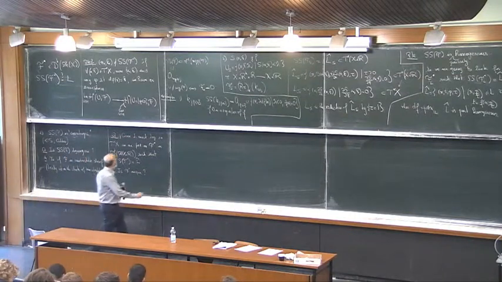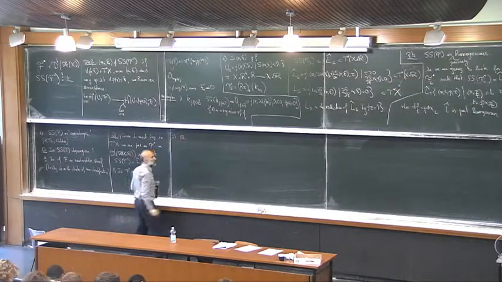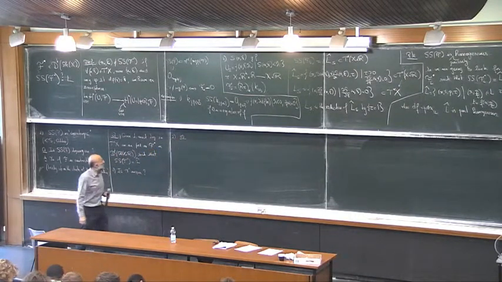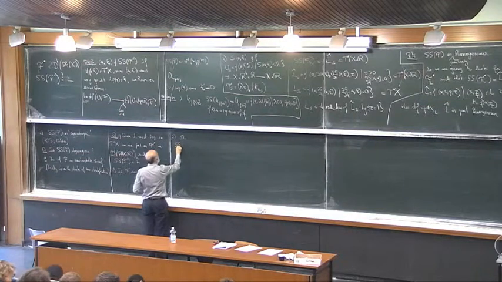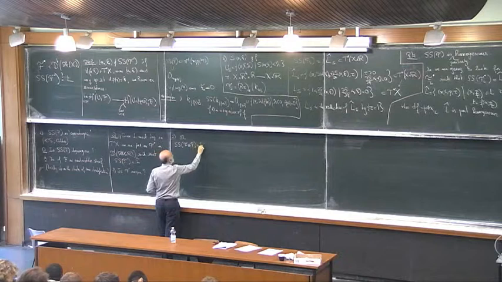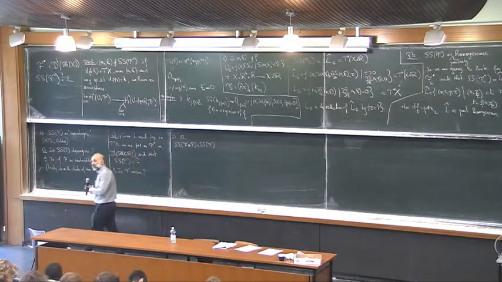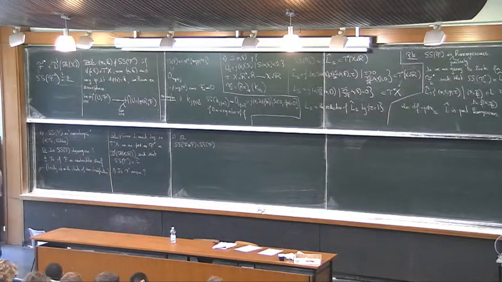So I can immediately answer the second question, in that the answer is no, because if you look at the singular support, for example, of F plus F, this is the same as the singular support of F. That's not very hard to see. So clearly you cannot have uniqueness.